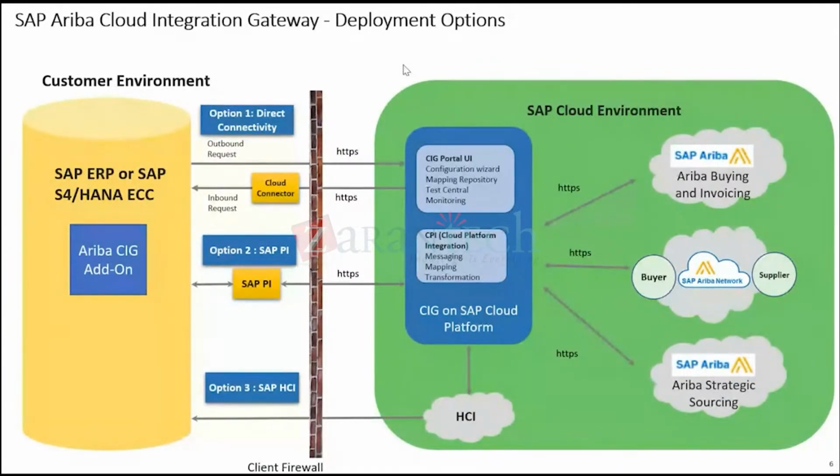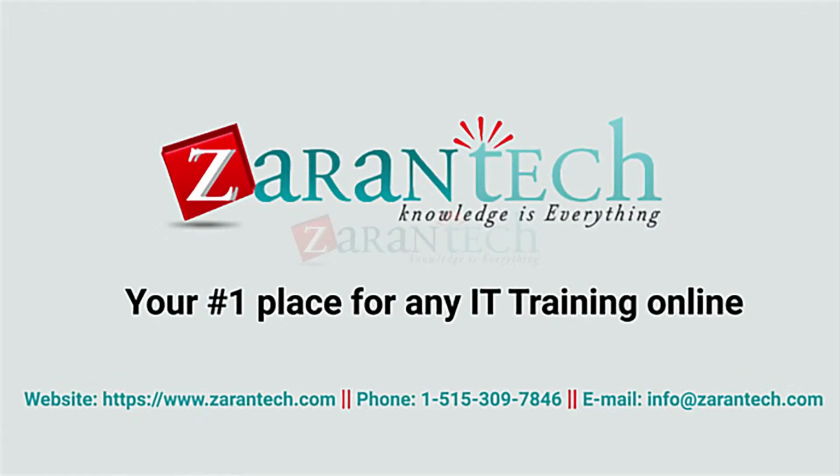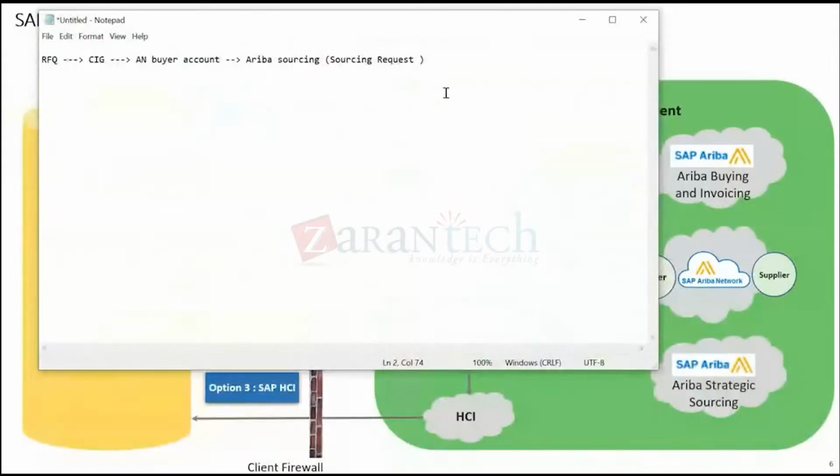In that case, I will just tell you. There are two types of deployment option with SLP. Let me just open this notepad for one second. In case you're talking about SLP integration, one option is that you configure everything in SM administration, and then the data will come from Ariba SLP, and then it will go into CIG, and from CIG it will go into the respective ERP system, and then the vendor is created, and then this will be replicated back into SLP.